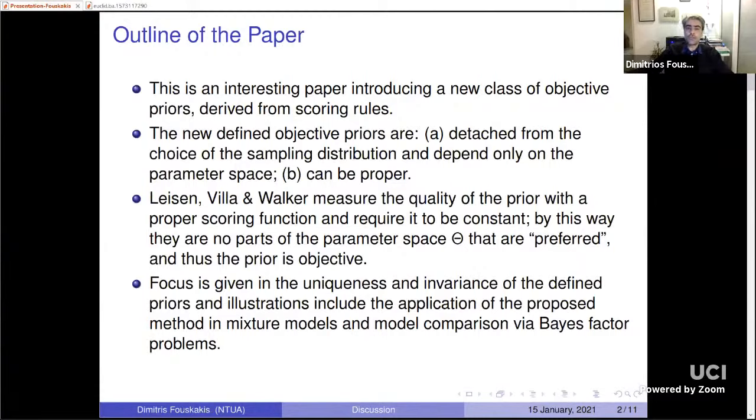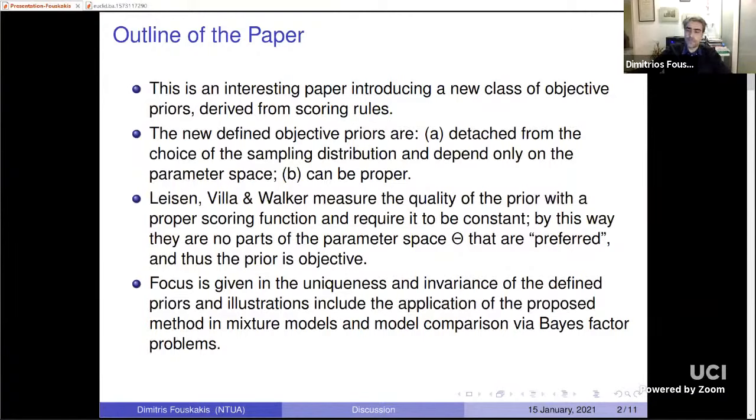As they mentioned, the aim of the paper is the definition of a new class of objective priors. First of all, these priors are detached from the choice of the sampling distribution, and they depend only on the parameter space. And as they showed in the paper, they can be proper.